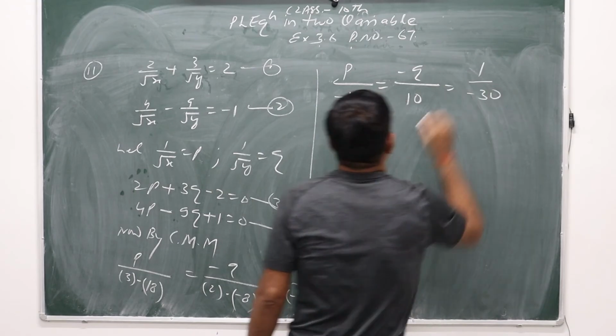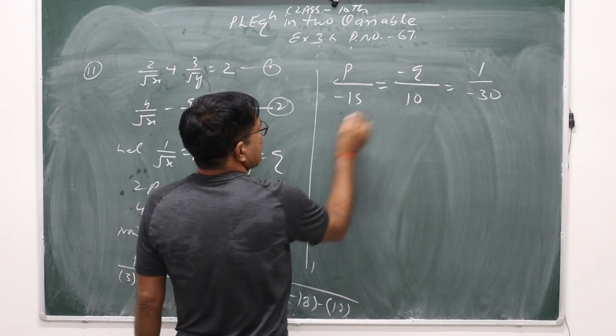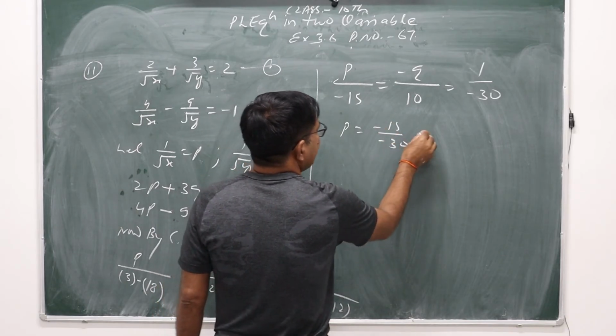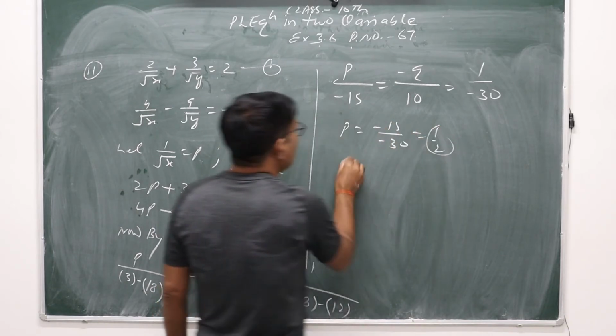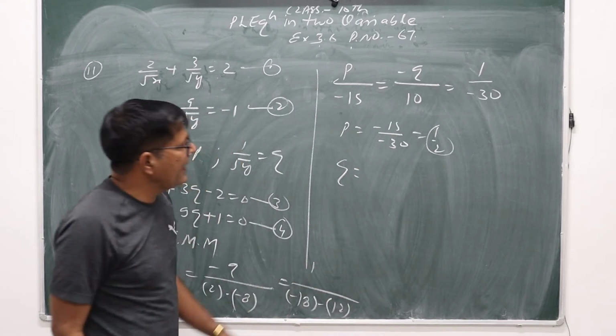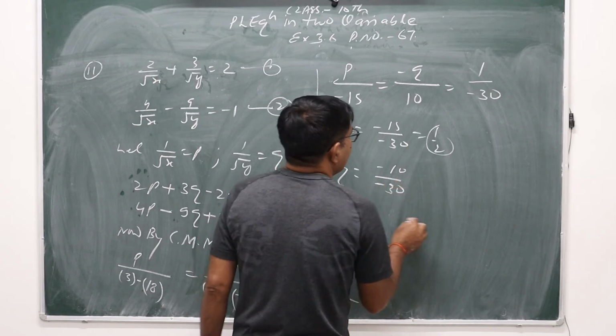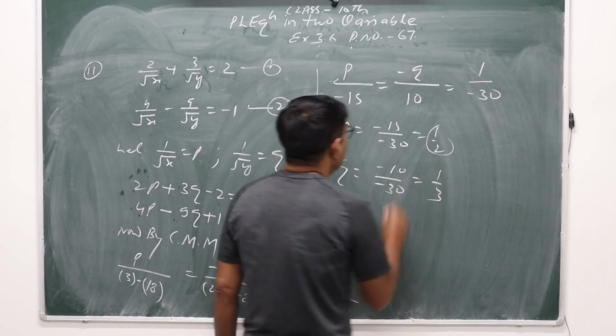So first and last को कंपेयर करेंगे तो p is equals to minus 15 upon minus 30 that is 1 upon 2, and second और last को कंपेयर करेंगे तो q will be equals to minus 10 upon minus 30 that is 1 upon 3.